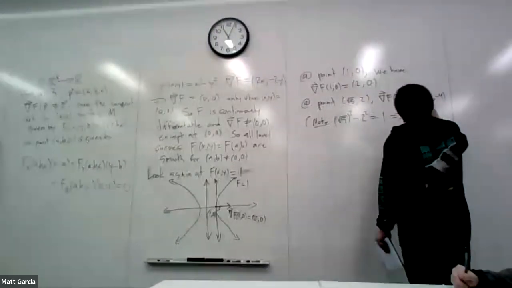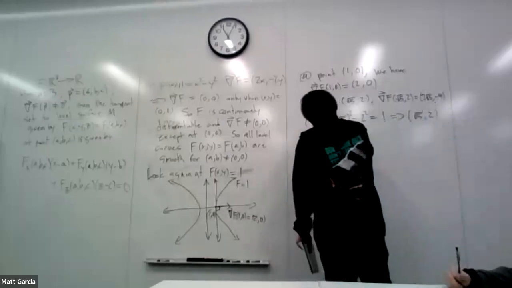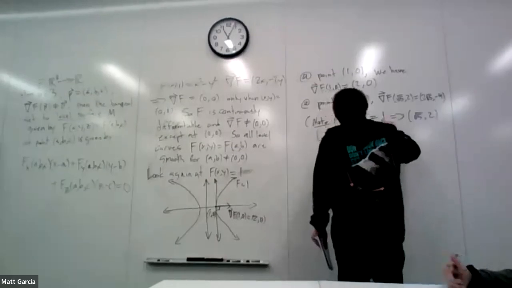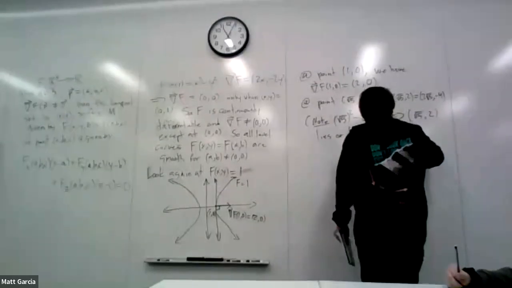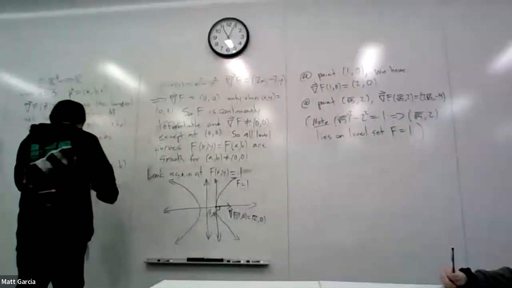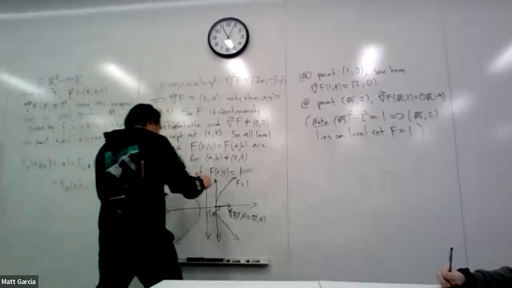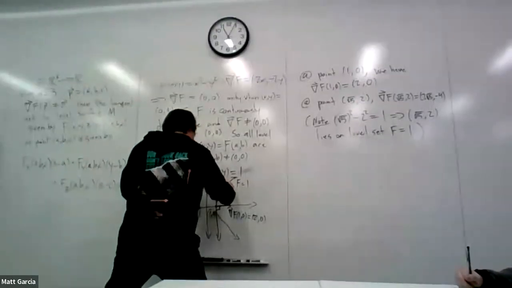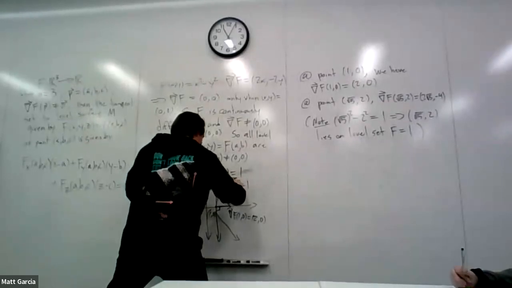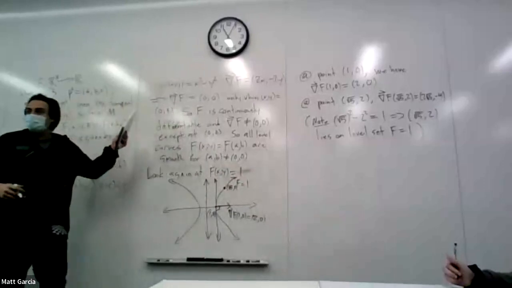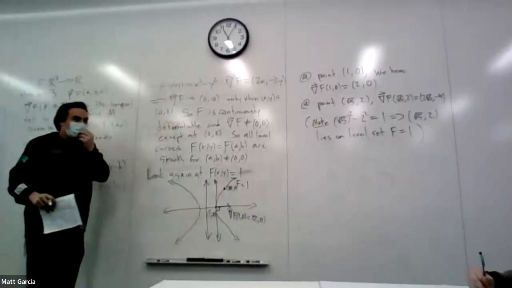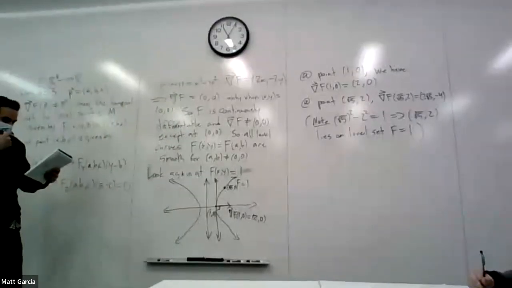Implies the point root 5 comma 2 lies on the level set f is equal to 1. So let's draw this point approximately. This is somewhere like here, say root 5 comma 2. We know it's on the curve because it equals 1 when we plug it into the function x squared minus y squared. Good.